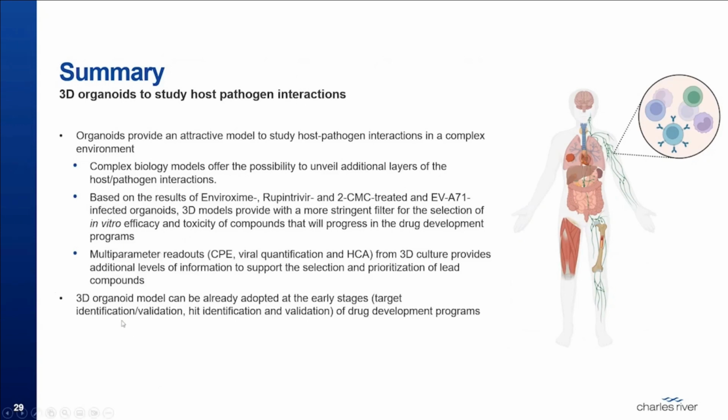And this is what we think is the reason why to introduce 3D organoid models at an early stage of the drug discovery pipeline. And with this part, I'll conclude, and I will hand over to Dan, who will discuss how to build in vitro models to study innate and adaptive immunity.